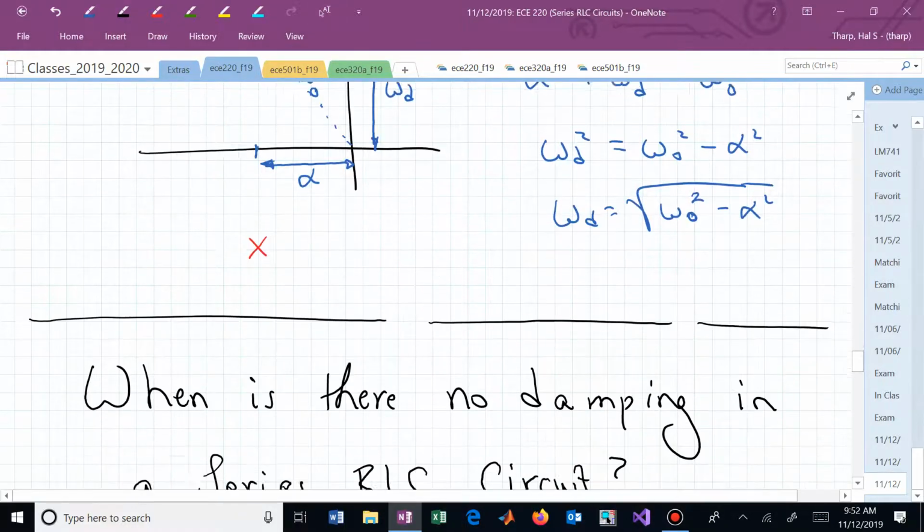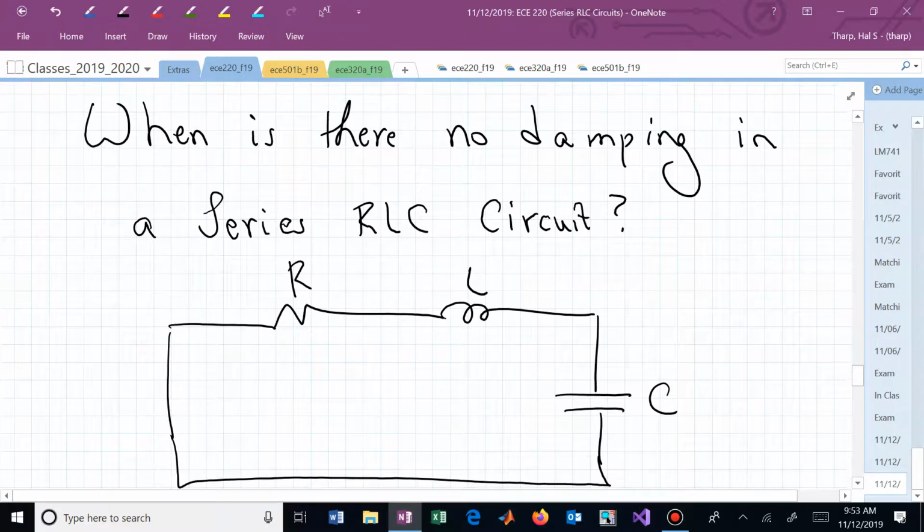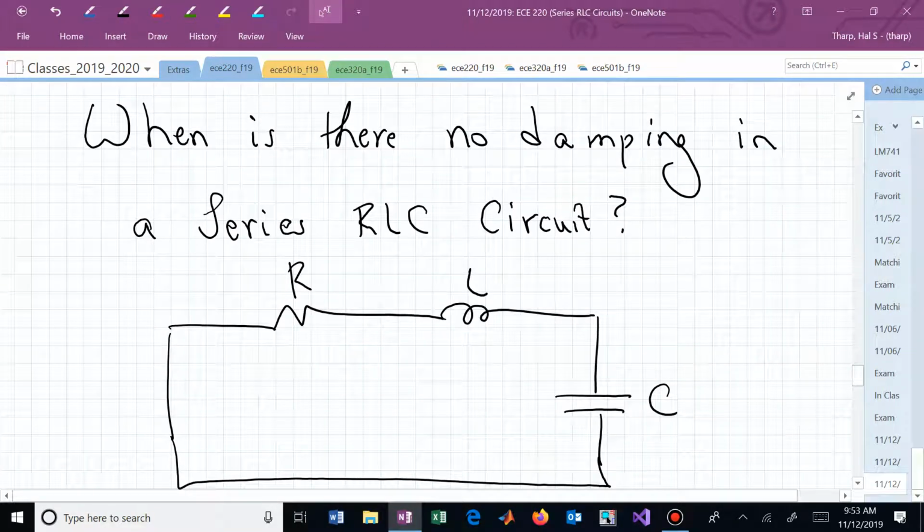That now naturally leads us into: when is there no damping in a series RLC circuit? Or can we make this become a tank circuit?